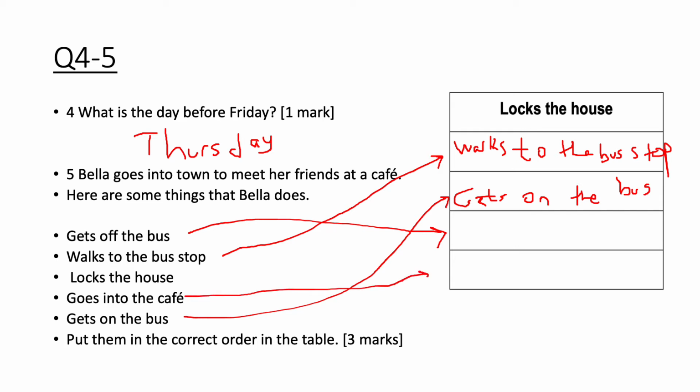Okay, so she would get off the bus here. So gets off the bus. Sorry about my handwriting, guys. I apologize for this. So gets off the bus and then goes into the cafe for the last one.